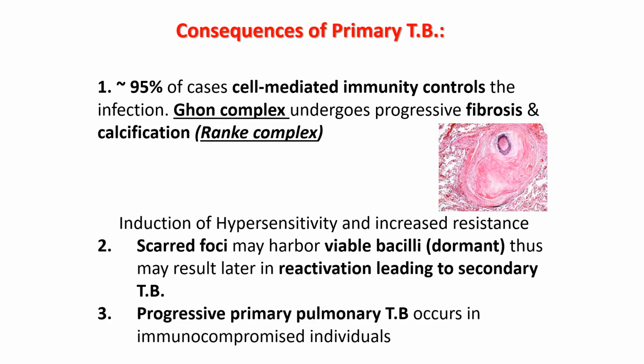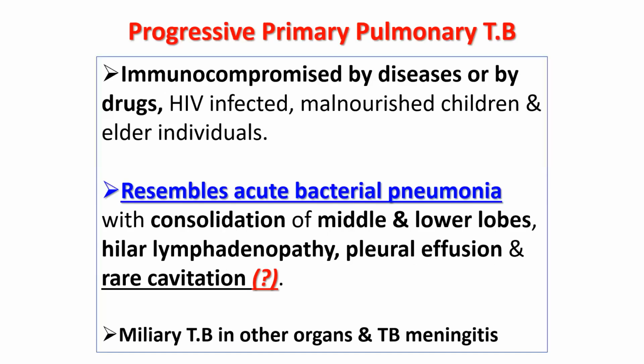Okay, progressive pulmonary tuberculosis will occur only in immunocompromised individuals, and occurs in 5% of patients infected with TB.